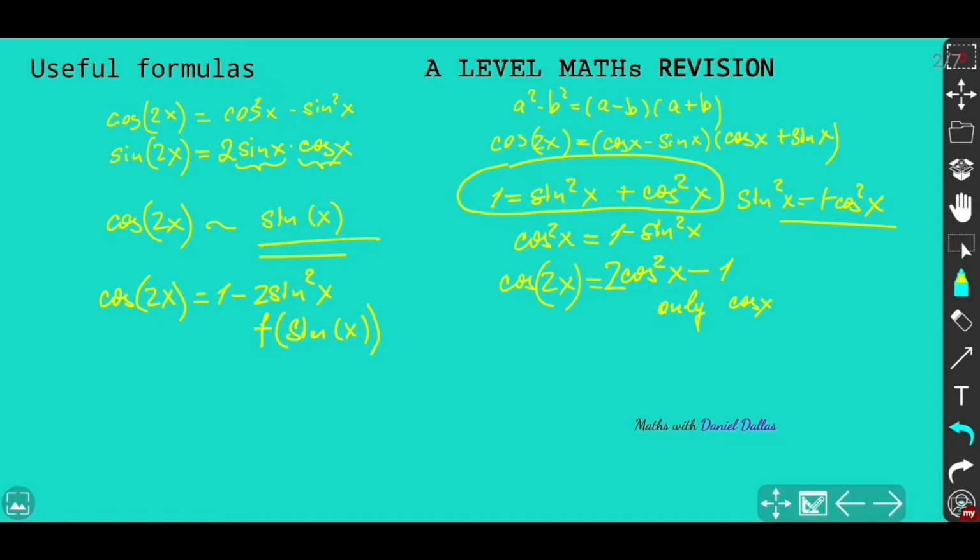All right, so I hope you understand how this works, and vice versa. If you do have sine x and finally you want to come back to cos 2x, make sure you get something quadratic and just re-express through cos 2x then, all right?